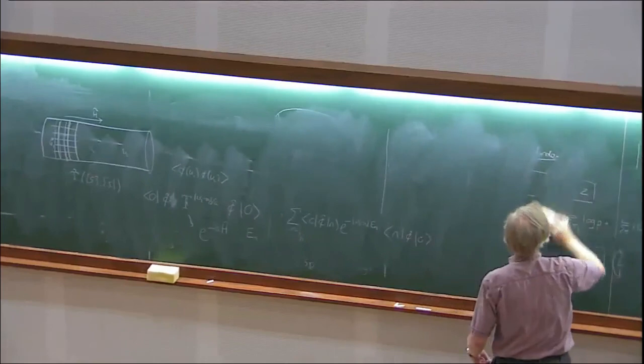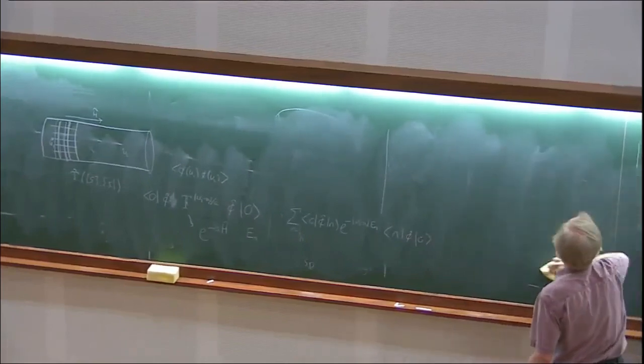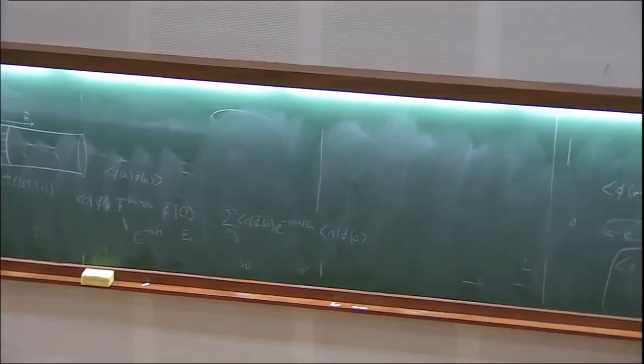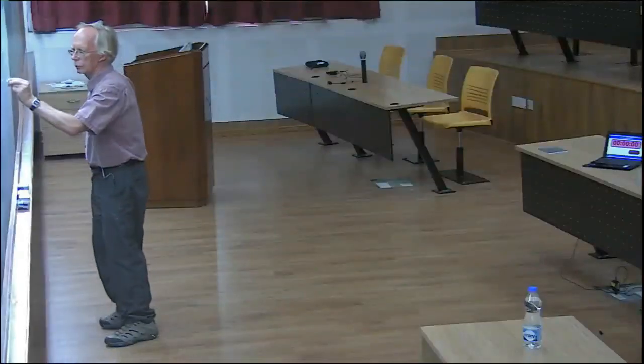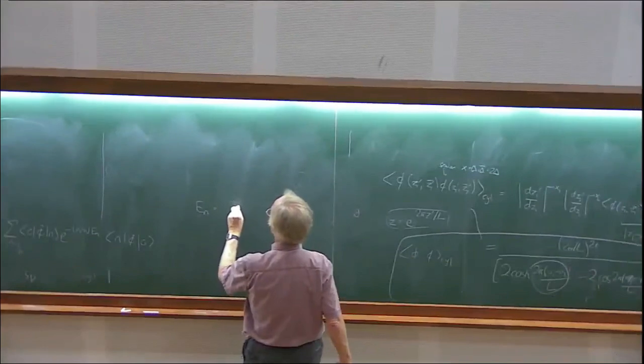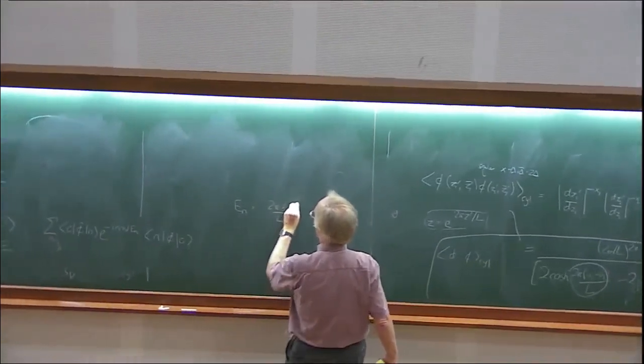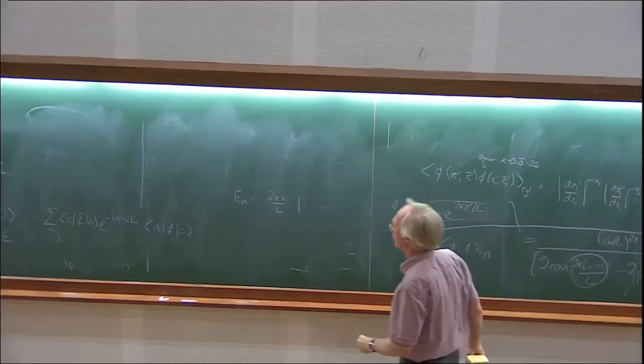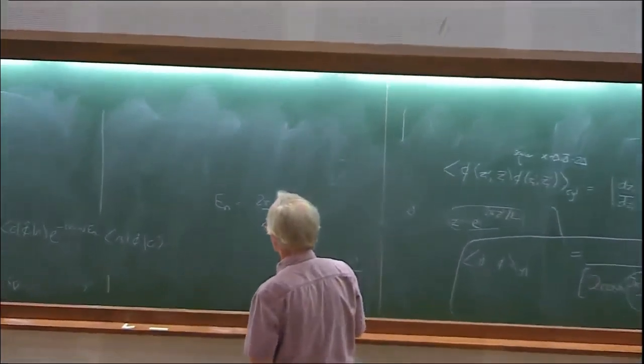And if I compare it with my result over here, or this exponential decay, we see that En is 2 pi x over L. This is a bad notation.